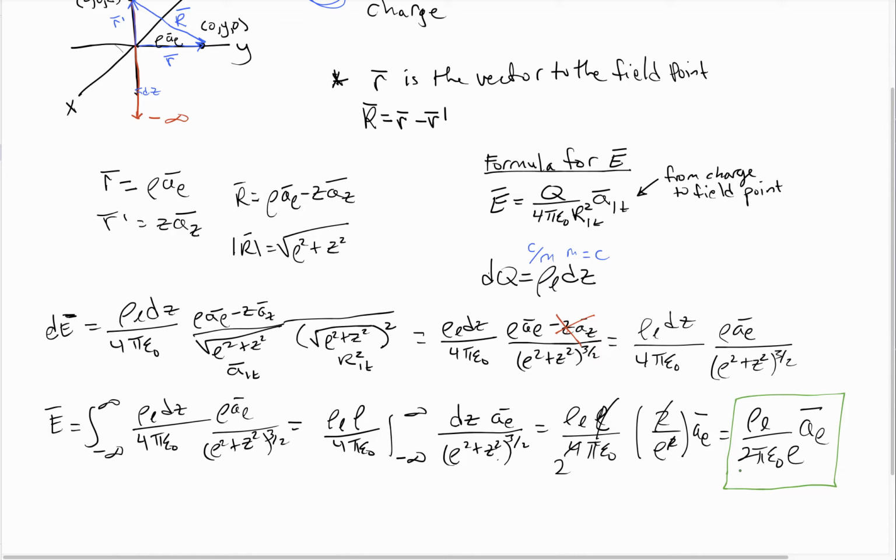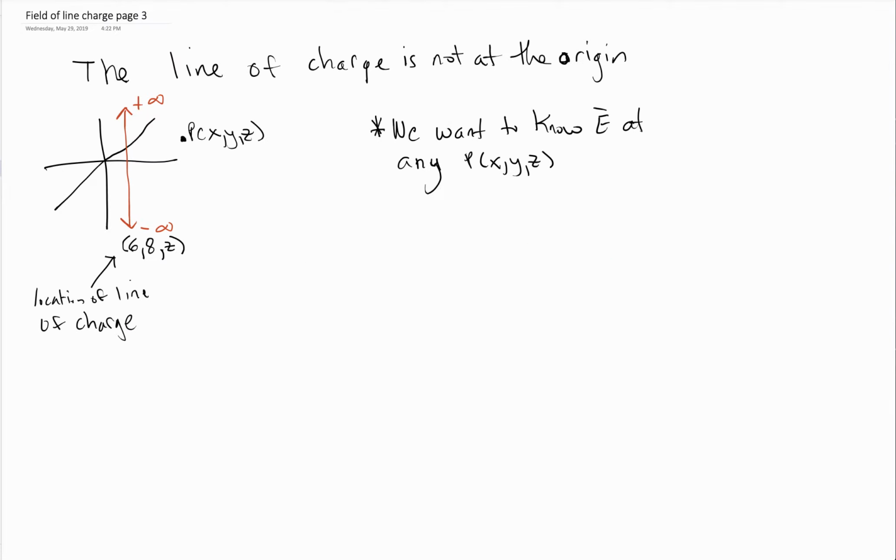And the last part of that section talks about what if the line charge is not at the origin. So I've drawn the line at 6, 8, and then it's infinite along the z direction. And then we want to know what E is at any point around it in space, so some point x, y, z.